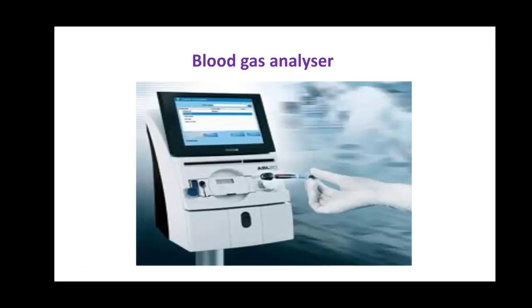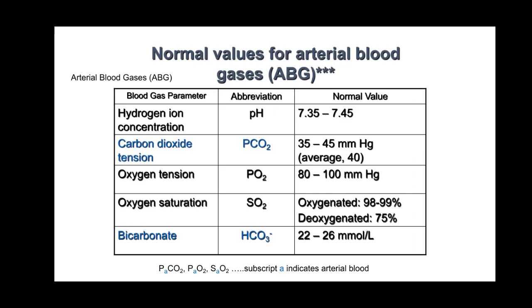So this is the instrument of the blood gas analyzer, and the normal values for arterial blood gases. So these include a complete view of acid base balance. Thank you.